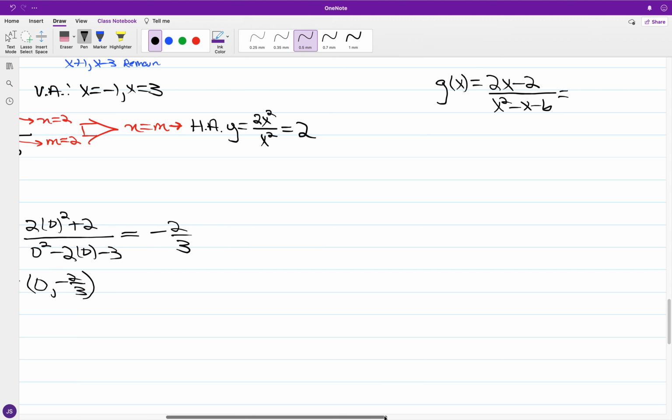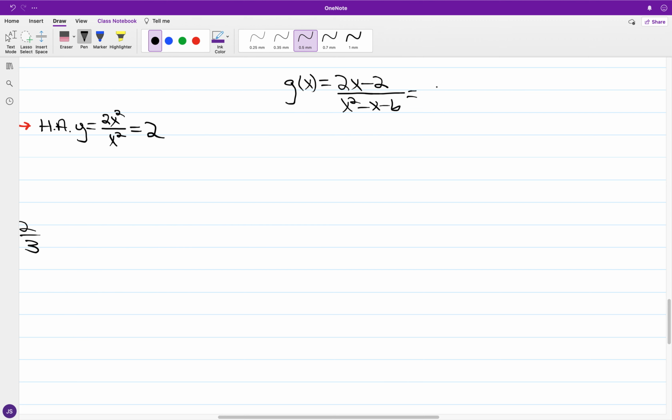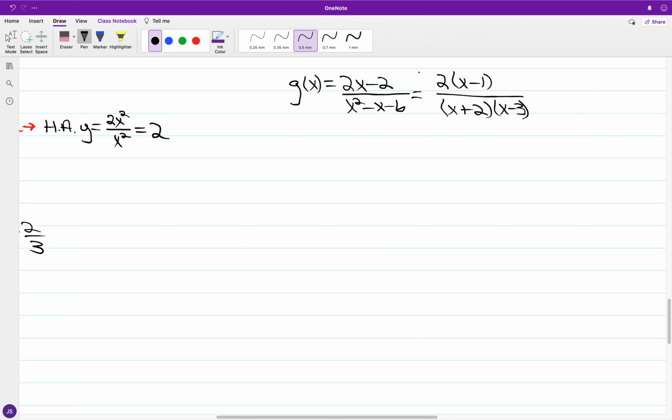Okay, so for g of x, what I'm going to do here is go ahead and put in the factored form for x squared minus x minus 6. So that's going to be x plus 2 and x minus 3. Now this ratio is already in simplest form.